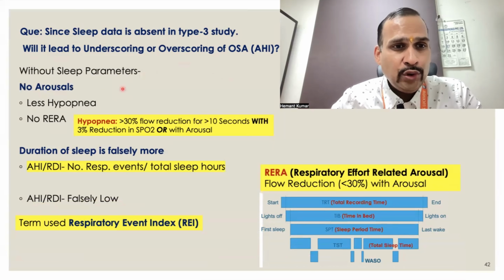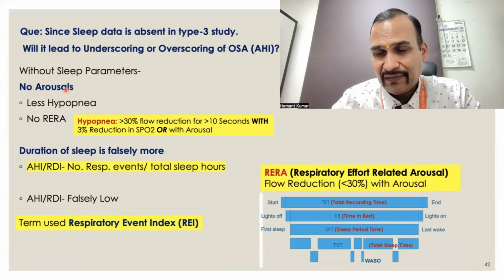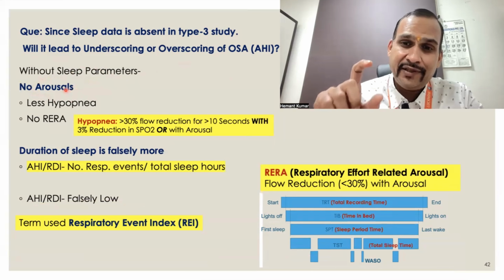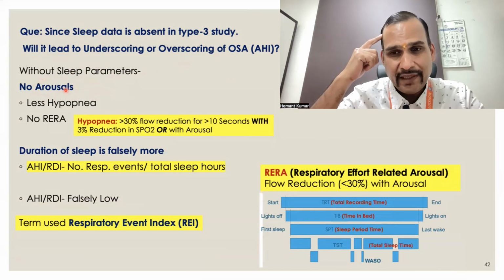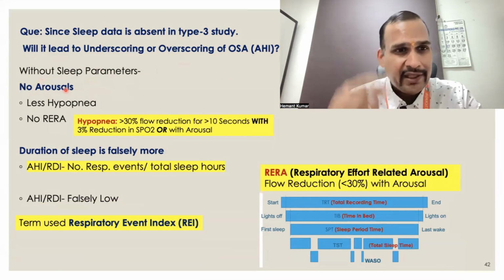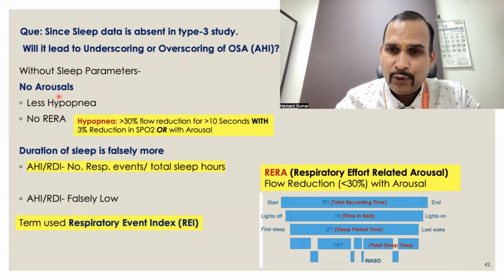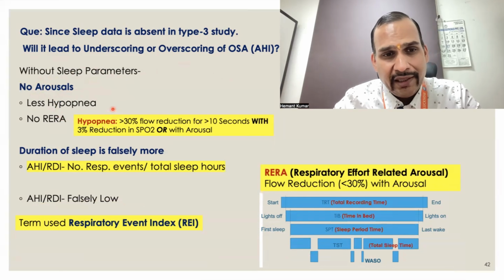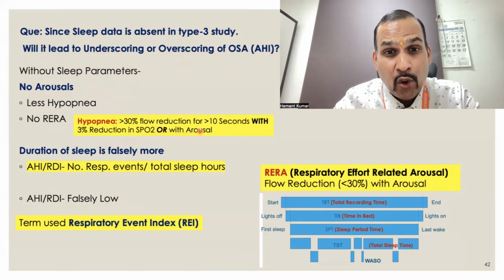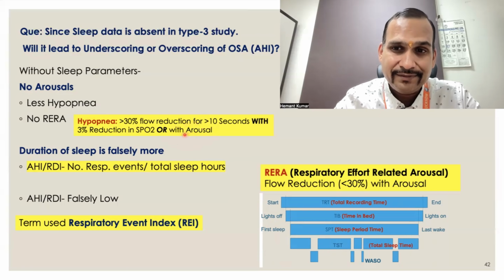As I told you, without sleep parameters we cannot find arousals. Arousals we can find with the EEG channel only. So as there are no sleep parameters, we cannot find arousals. So if you remember the definition of hypopnea, it is flow reduction along with either 3% reduction in SpO2 or with arousals. So hypopnea contains arousals also.